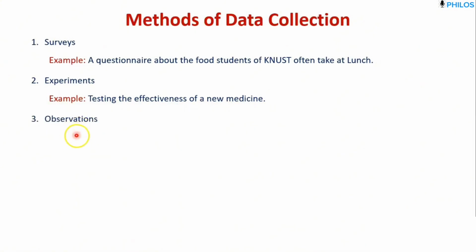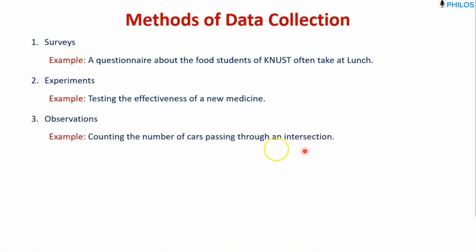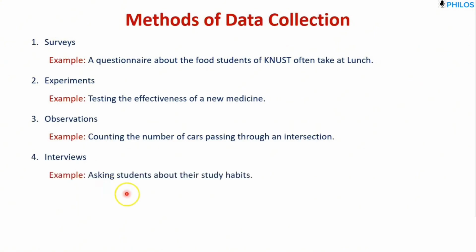Then another one is observation. Observation is when you watch and record events as they occur. One example is counting cars passing through an intersection. Then we also have interviews. An interview is when you speak directly with an individual to gather detailed responses from that individual. An example is when you ask students about their study habits, you can get detailed responses.